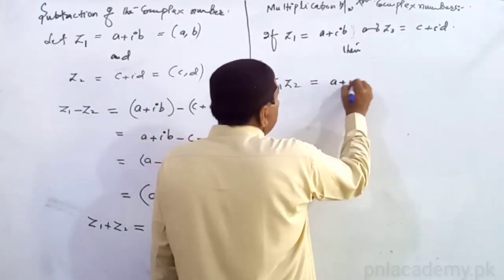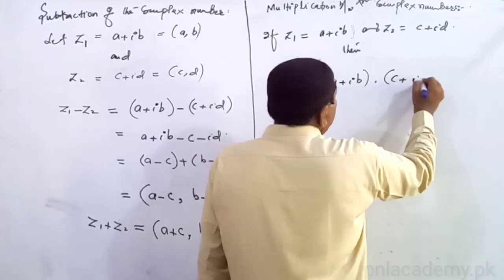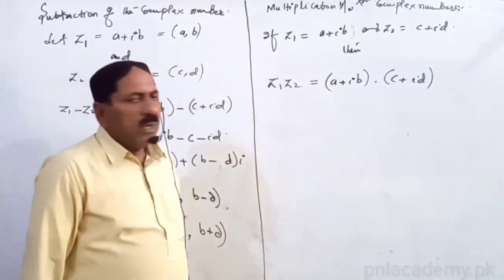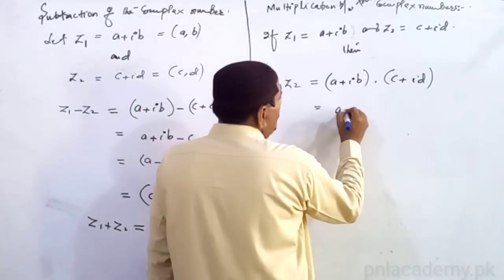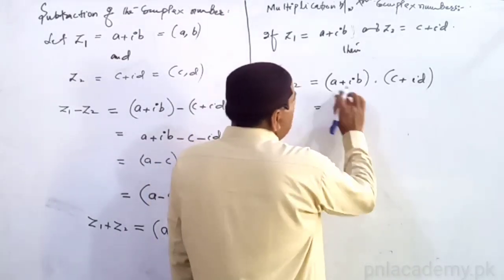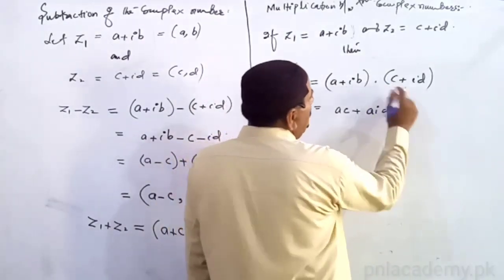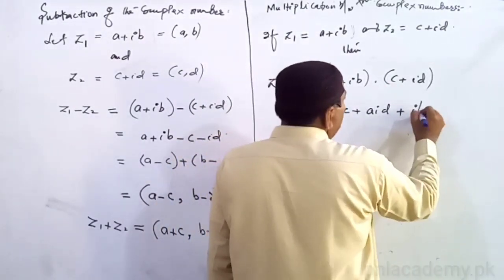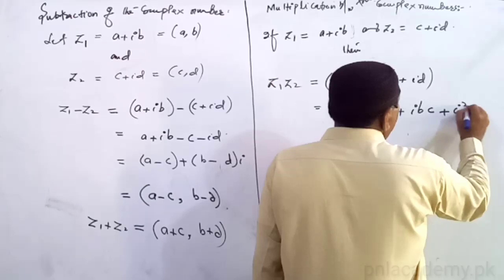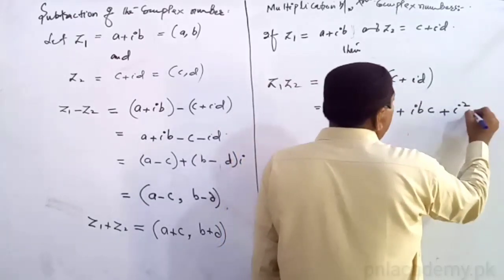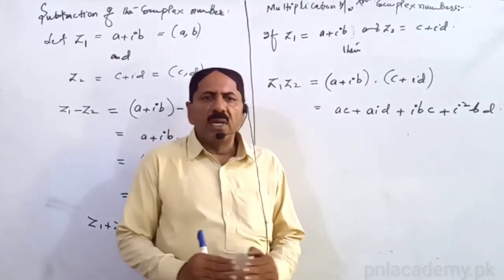This will be (a plus iota b) into (c plus iota d). After the multiplication, this will be a into c, ac, plus a into iota d, a iota d, plus iota b into c, iota bc, plus iota into iota, iota square, b into d, bd. So you already know that the value of iota square is -1.